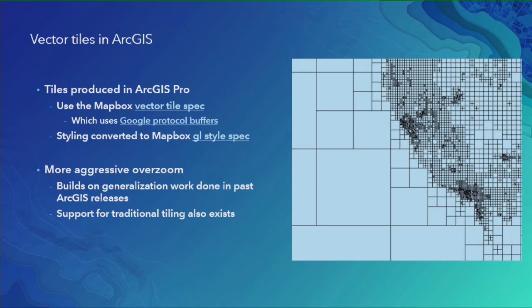That said, if you're using an API to render vector tiles from ArcGIS that does not support this overzoom scheme, you can create tiles with the traditional tiling scheme that will create tiles uniformly down to LOD 15 and then overzoom after LOD 15. So if you're using our JavaScript API, it'll support the overzoom that Craig's talking about. This would be like if you're using Mapbox GL or something. Yeah, Mapbox or OpenLayers has some support for vector tiles as well.